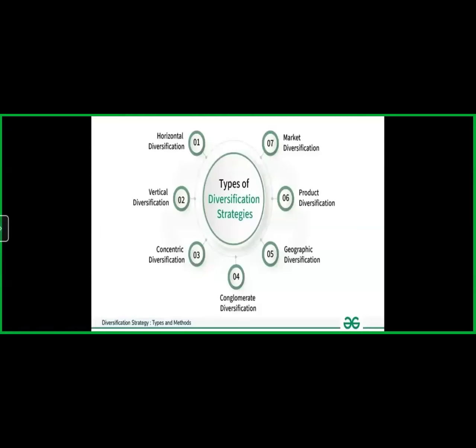Now, for example, to control the quality of the product, the company realizes that the quality of our product depends upon the quality of raw material. And for purchasing quality raw material, we are dependent upon third parties.